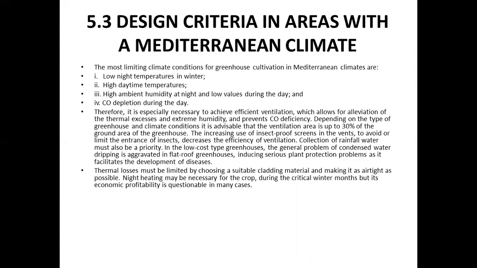Therefore, it is especially necessary to achieve efficient ventilation, which allows alleviation of the thermal excess and extreme humidity and prevents CO2 deficiency. Depending on the type of greenhouse and climatic condition, it is advisable that the ventilation area is up to 30% of the ground area of the greenhouse.